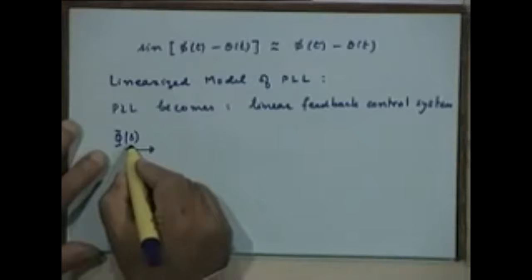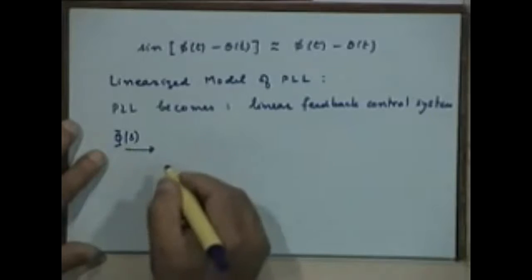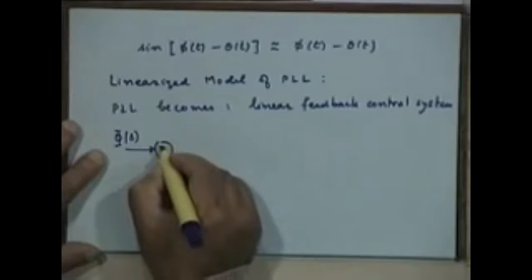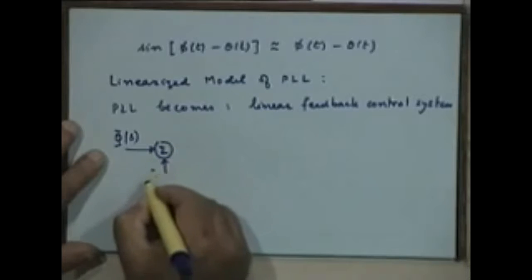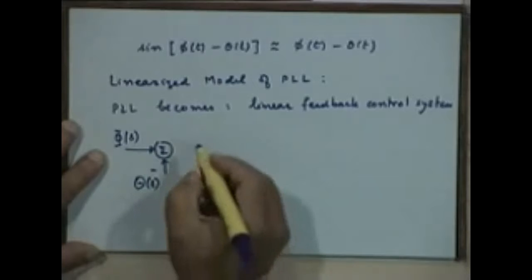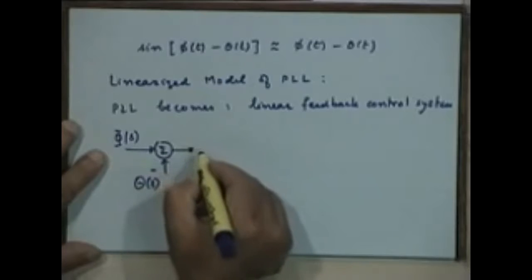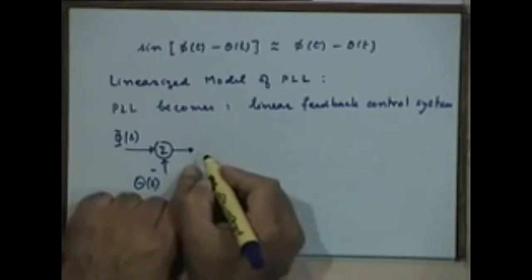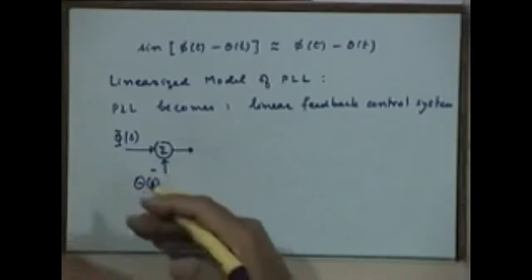Capital phi of s is the Laplace transform of the phase function, small phi of t. And here you will have capital theta of s. The sinusoidal nonlinearity now goes.